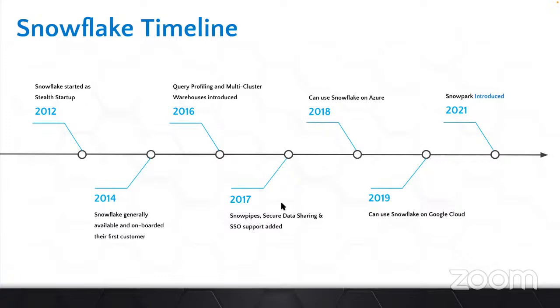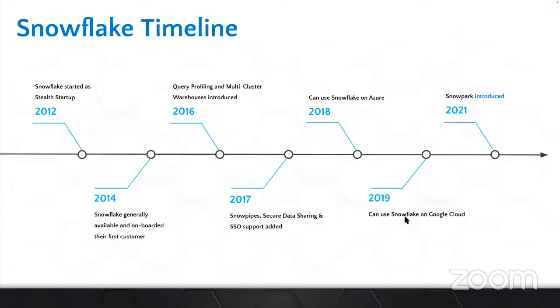So in 2017, Snowpipes, secure data sharing, and single sign-on support were added. Apart from that, in 2018, Snowflake started to work on Azure also. Initially, when Snowflake started, it was Snowflake on AWS. So this is all AWS. Since inception, Snowflake is on AWS. But in 2018, Snowflake also started to work on the Azure cloud.